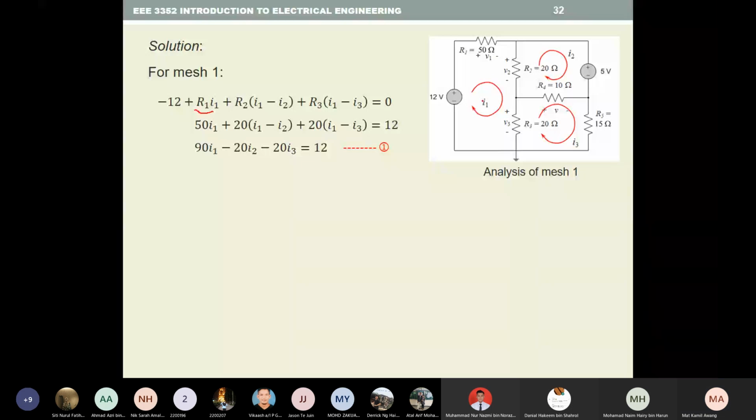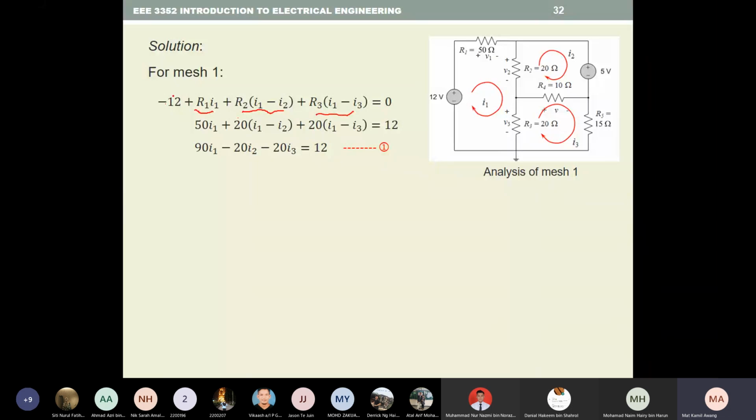V2 is actually I1 minus I2 times R2. Okay, minus V3, basically I1 minus I3 times R3.